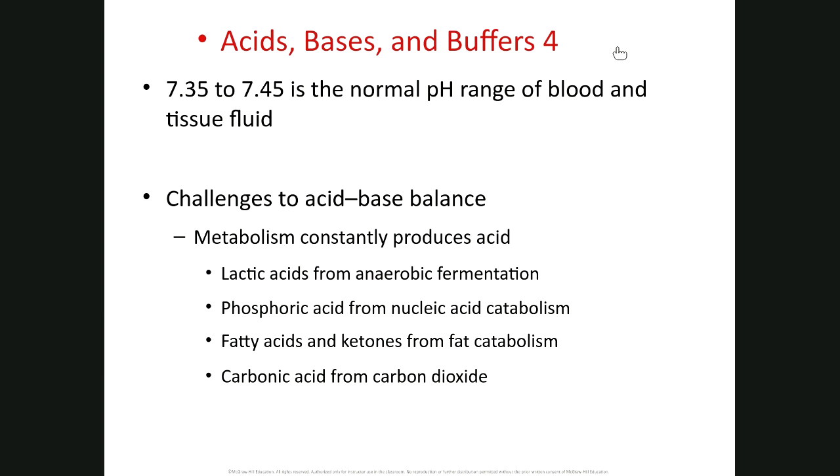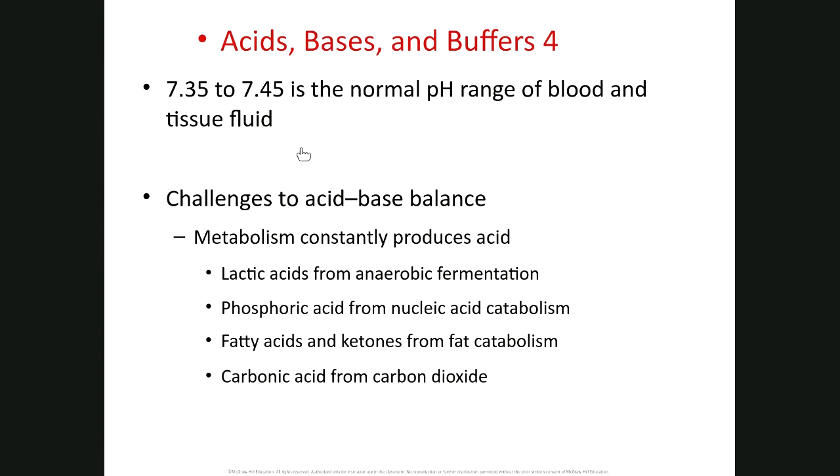Remember this number, put this in your bag of normals: 7.35 to 7.45, the pH range of the blood. Any changes or insult or tendency to change this can lead to either going down below 7.35, acidity, or going up above 7.45, alkalinity.